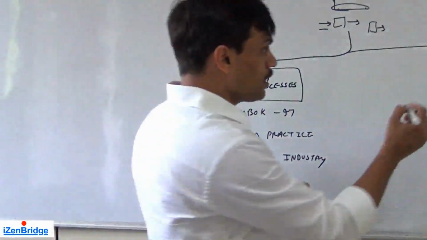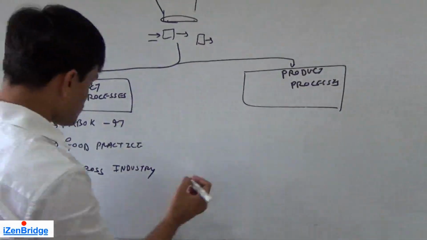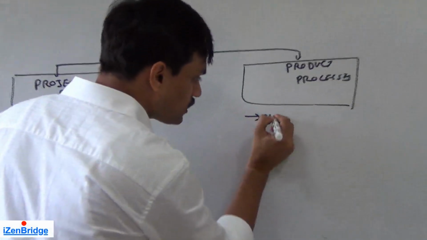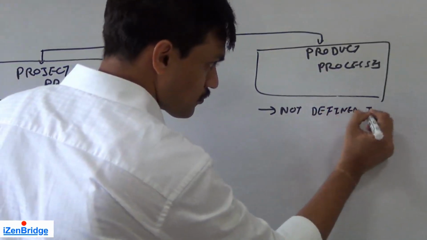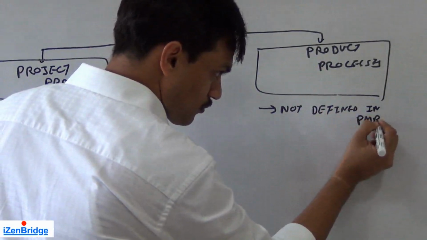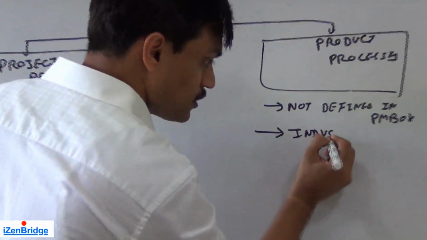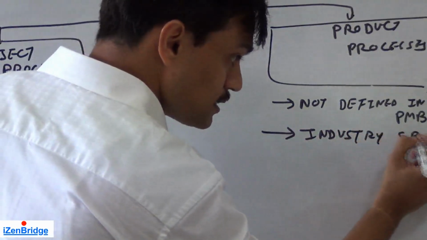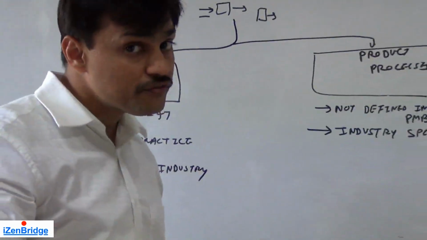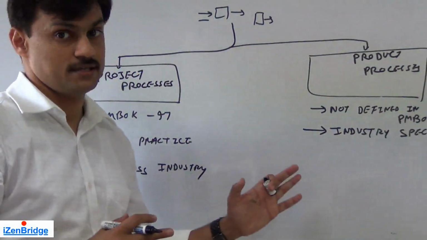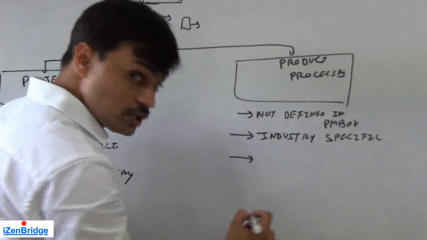Look at the second set, product processes. Product processes are not defined in PMBOK. They are industry specific. Meaning the healthcare processes would be very different from civil processes. They are not useless.